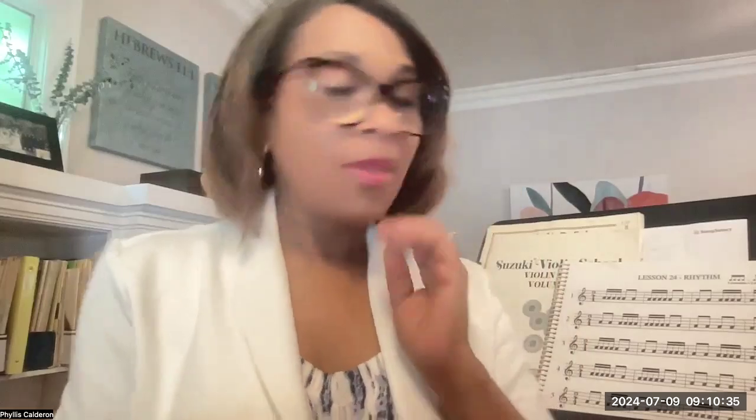Some of my students like to use fruit or other words to describe those rhythms. So for example, if we're using fruit for the 4/16, we can say watermelon. And for the 2/8 notes, we could say apple. Watermelon, apple. Watermelon, apple. Okay?